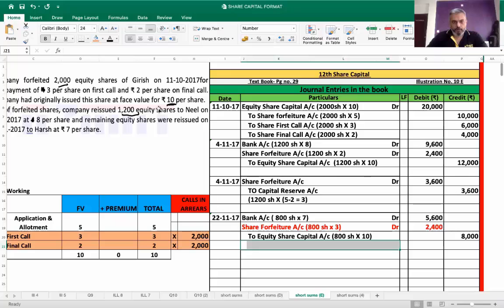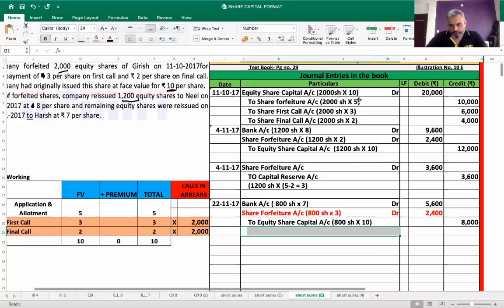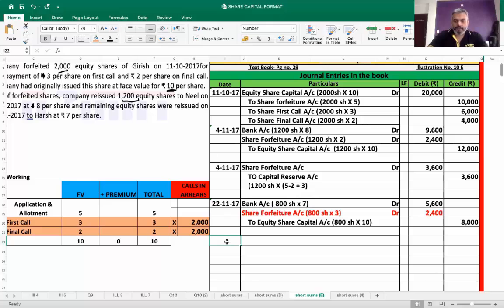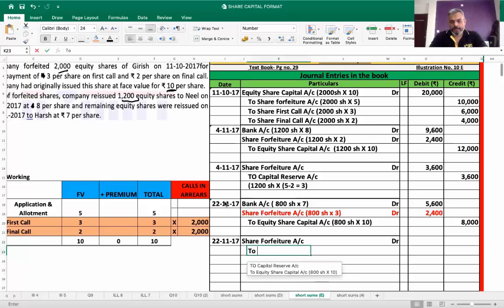Now it is not yet over because we have balance in share forfeiture account. Because we forfeited rupees 5, we gave a discount of rupees 3. So again on 22/11/2017, share forfeiture account debit to capital reserve account.